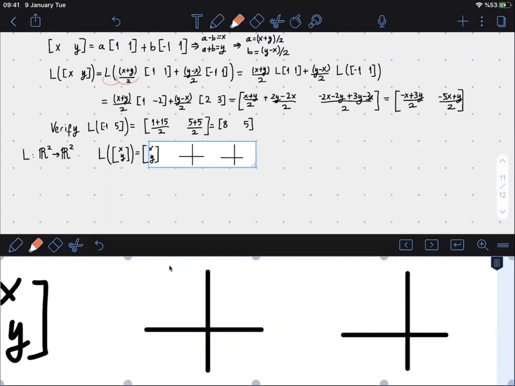For example, if I take a square here, this map will take it to the same square, right?